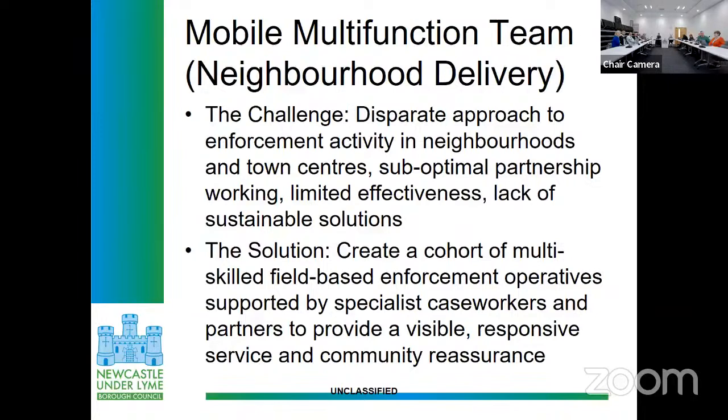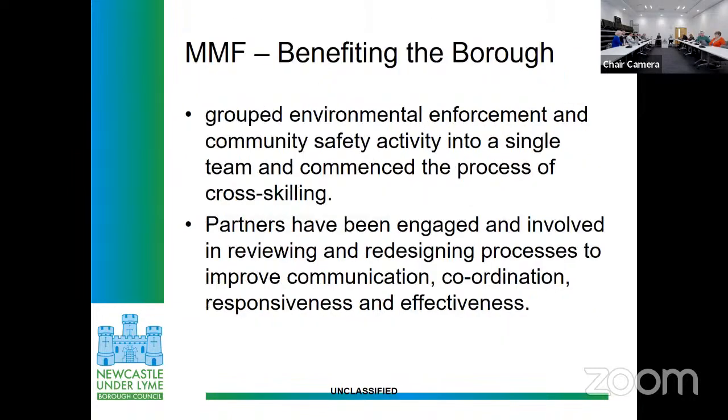Part of that is ensuring that they've got the right tools and the right skills, but also making those reporting lines easier, taking away some of the paper-based reporting, making it all more straightforward, but also communicating well with each other and with partners to think about what are the common things that we all come across that we're looking to solve together. So to date, we have grouped environmental enforcement and community safety together into a single team.